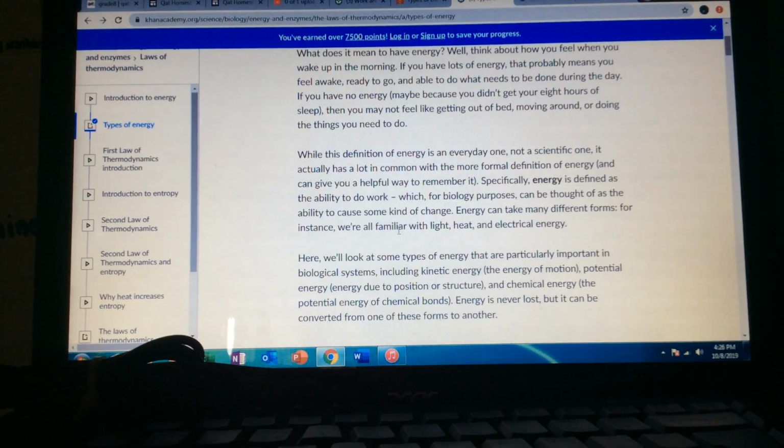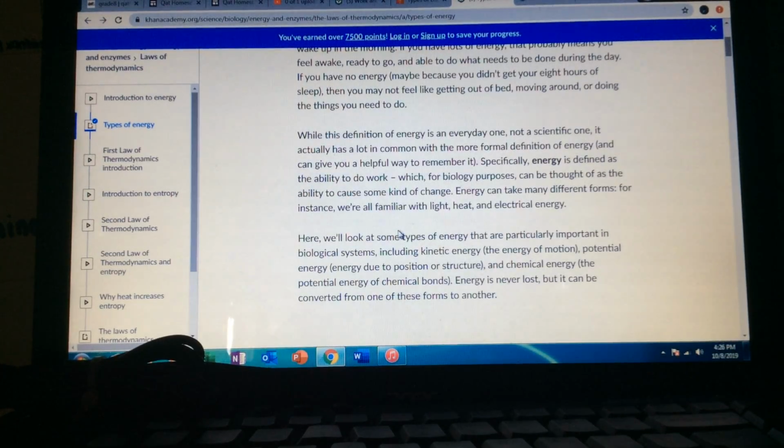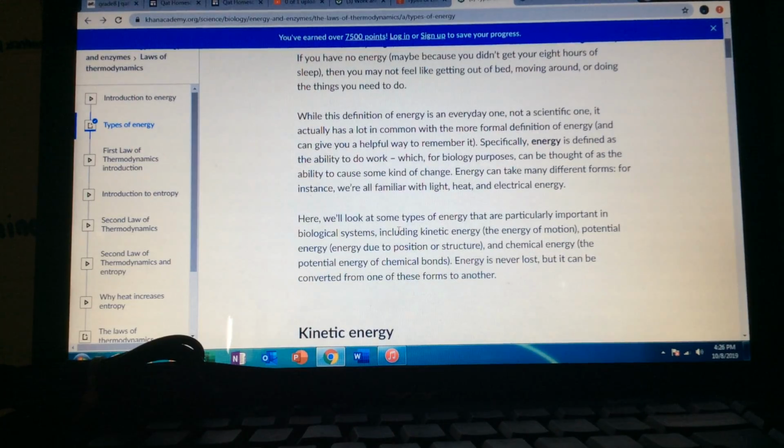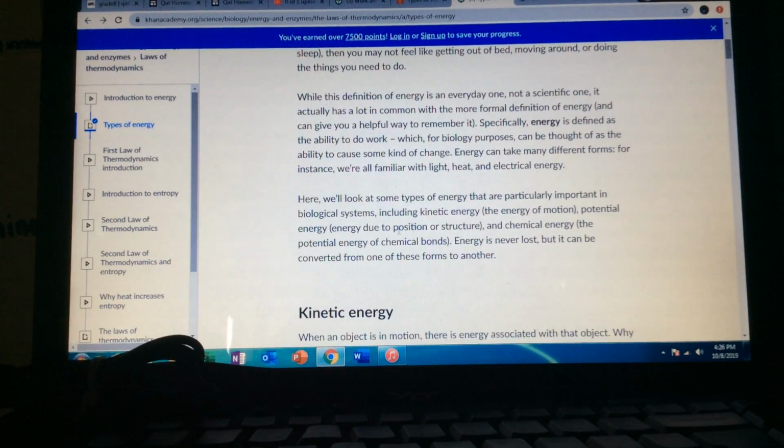Energy can take many different forms. For instance, we're all familiar with light, heat, and electrical energy. Here, we'll look at some types of energy that are particularly important in biological systems, including kinetic energy, potential energy, and chemical energy. Energy is never lost, but it can be converted from one of these forms to another.